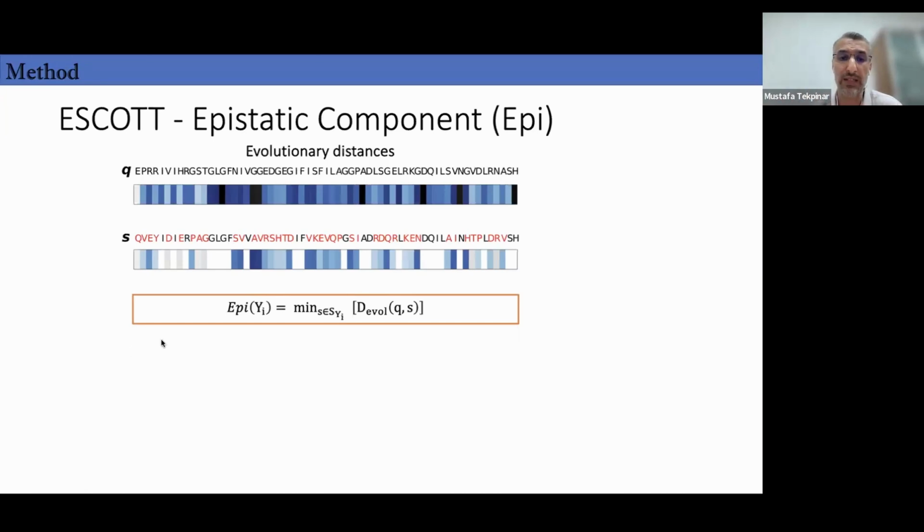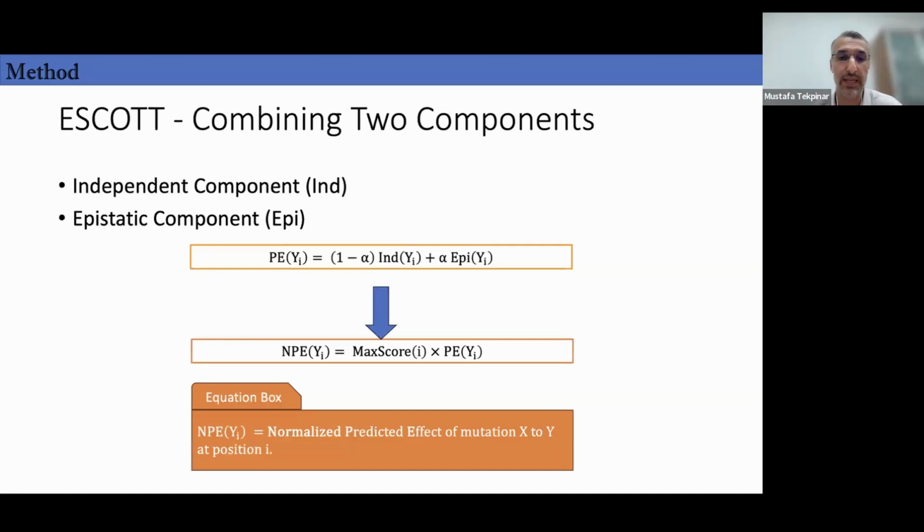Let's assume that we are checking the mutation impact of mutation from X to Y. We select a subset of subject sequences containing Y, and then we find the sequence with minimal evolutionary distance. This constitutes our epistatic component. And again, we are going to the beginning.